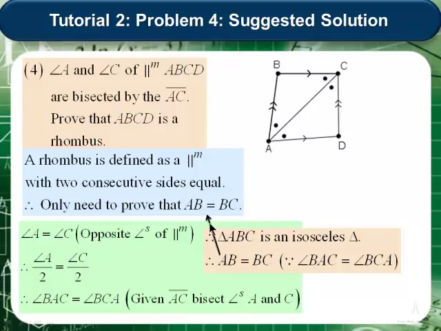And this then concludes the proof, because now we've shown that AB is equal to BC, in other words two consecutive sides are equal, therefore this quadrilateral will be a rhombus.